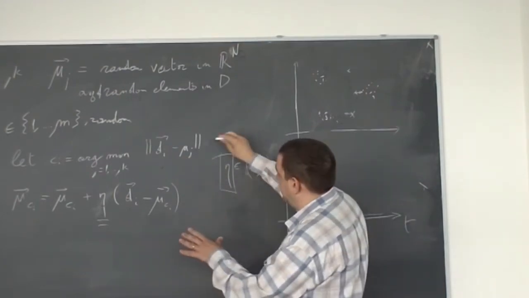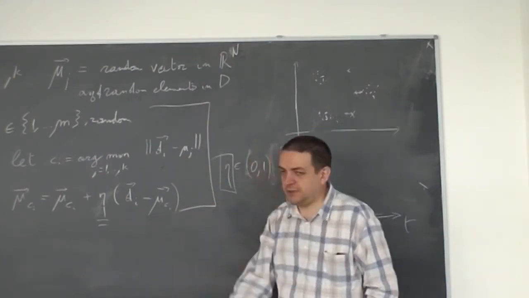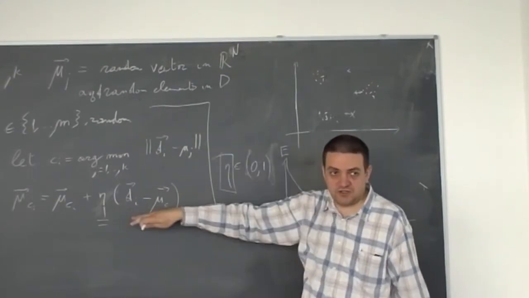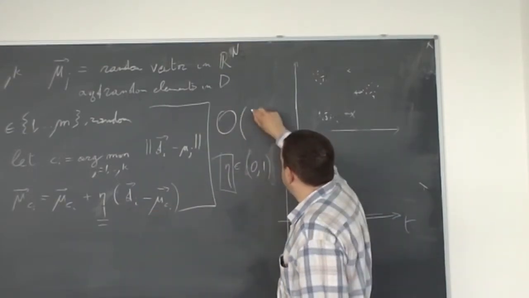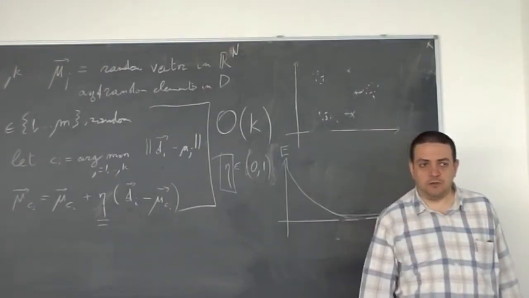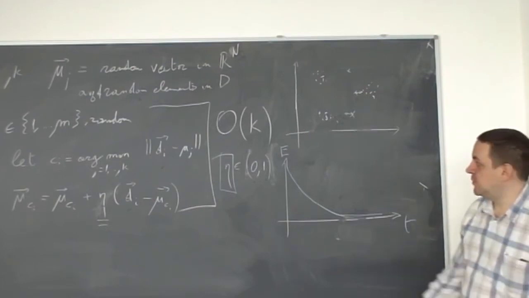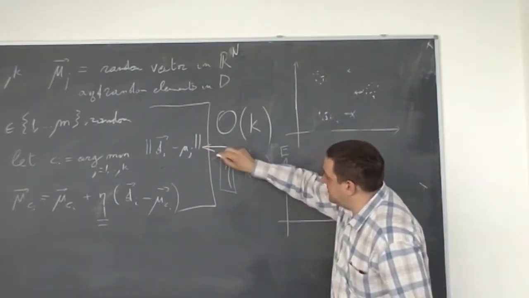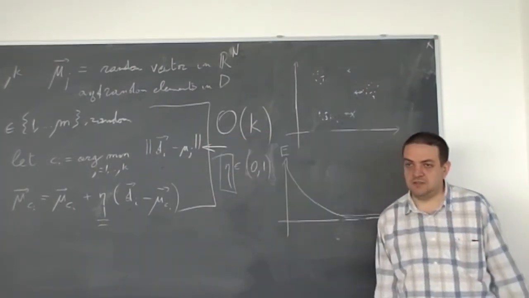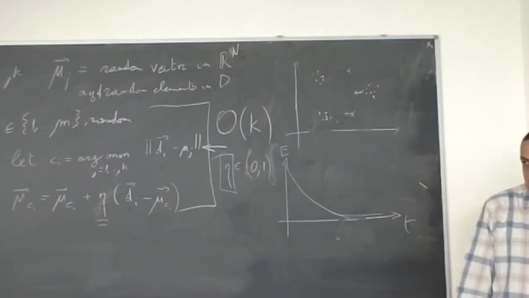Every iteration of this loop has a complexity of big O of k. We decided the document, and we are looking among all representatives for the closest one. The expensive step is this, and it's big O of k.